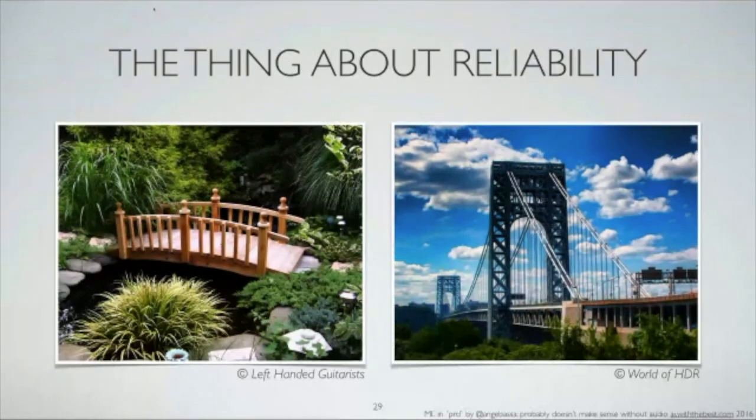But on the right-hand side, what we have is the George Washington Bridge in Western Manhattan. And if that goes down, pretty much all of Western Manhattan goes down. Nobody who commutes in or out of the city can get anywhere, and the city will grind to a halt. And so when we're talking about implementing these machine learning systems into the production stack, our production stack is on the right-hand side.